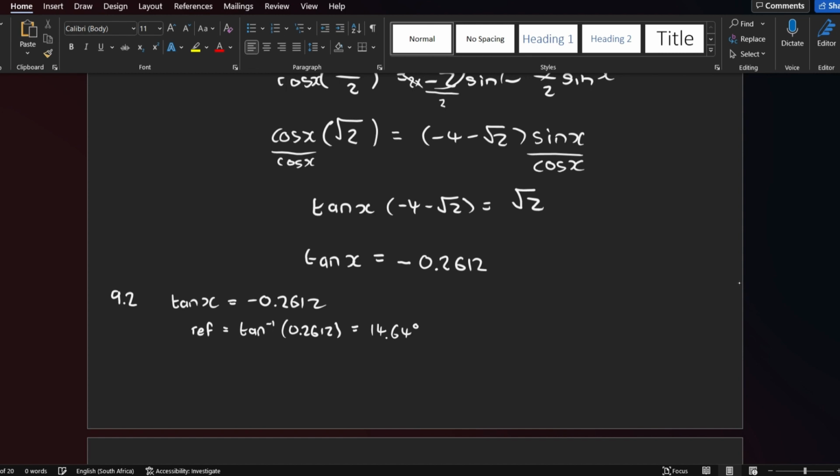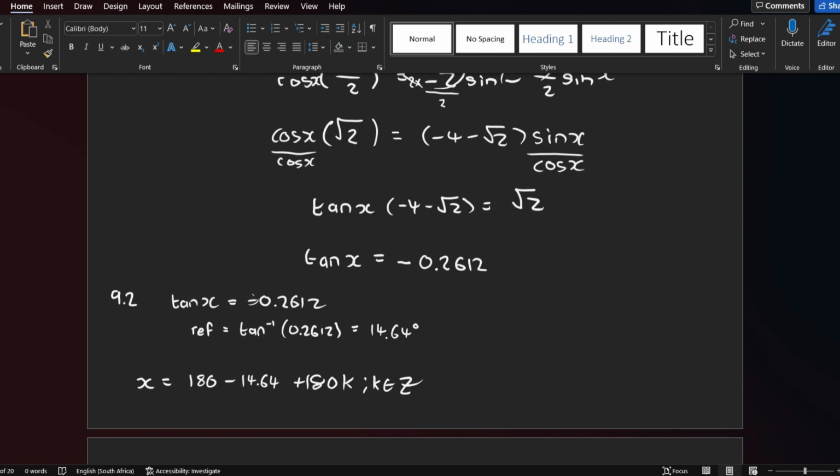So we can substitute that in one of our general solutions. We know that tan is negative in quadrant 2 and in quadrant 4. So in quadrant 2 we have x = 180 minus our reference angle, so minus 14.64, plus 180k, because that is the period of a tan graph, where k is an element of the integers.